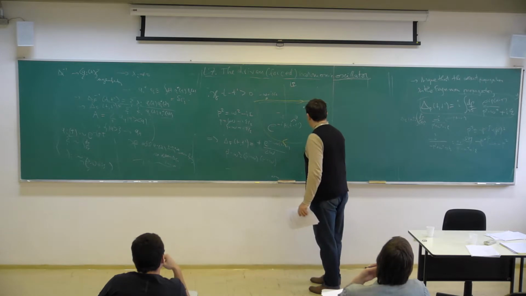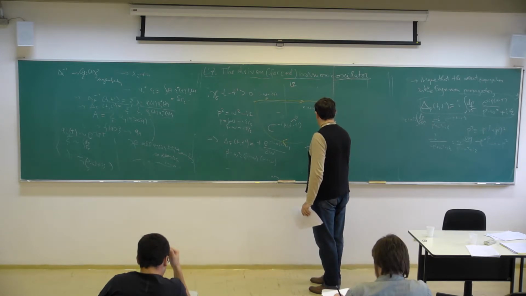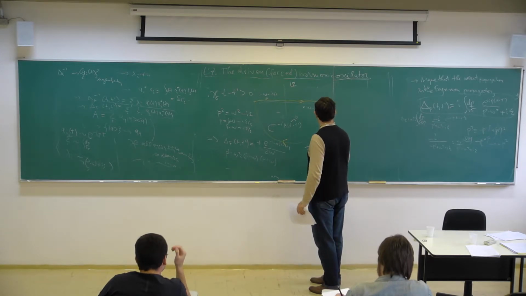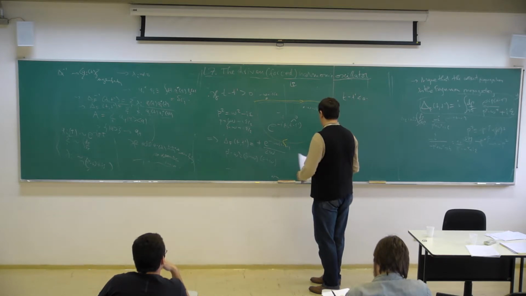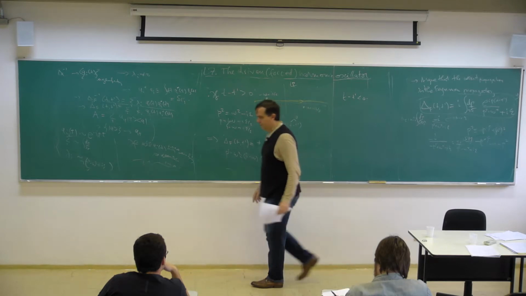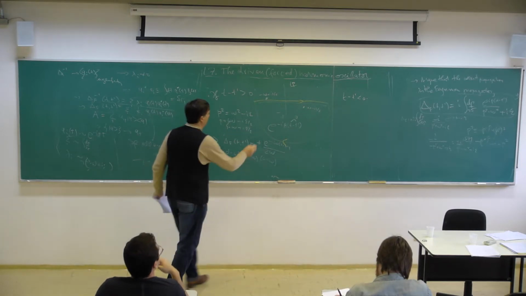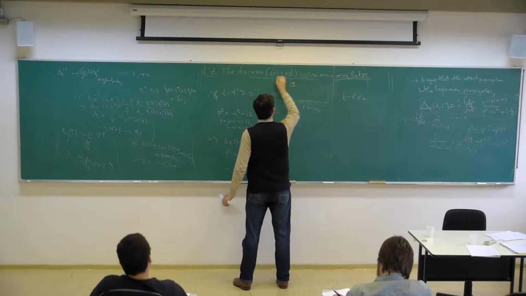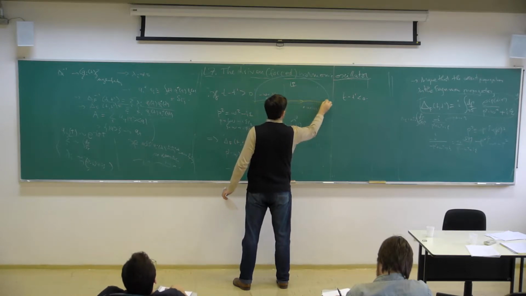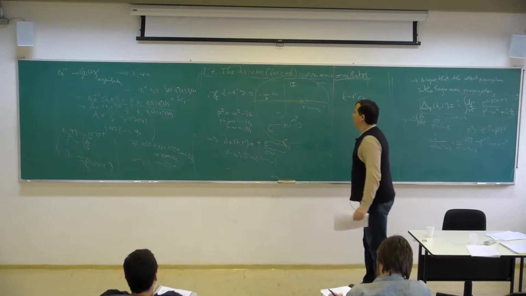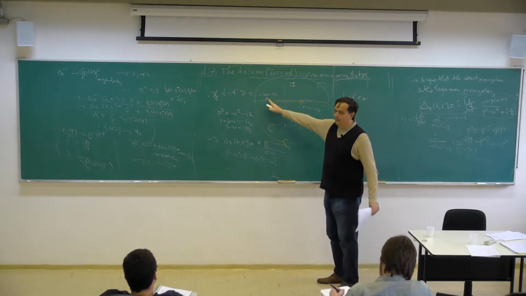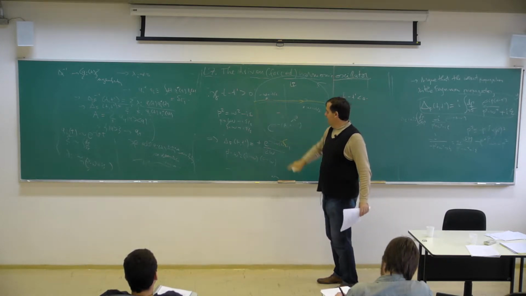And then for t minus t prime negative, I have to close the contour the other way, like this, and then I pick up the other residue at minus omega.